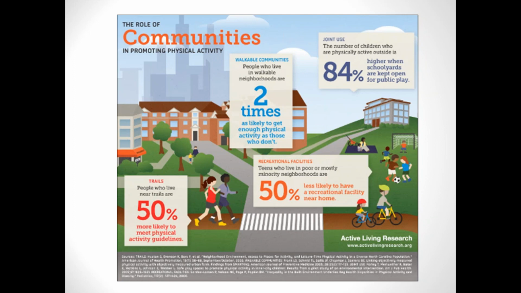Teens who live in poor or mostly minority neighborhoods are 50% less likely to have a recreational facility near their home. And trails, people who live near trails are 50% more likely to meet physical activity guidelines. This slide is an excerpt from the Active Living Research organization. And I think these stats really drill home some of the connections here.